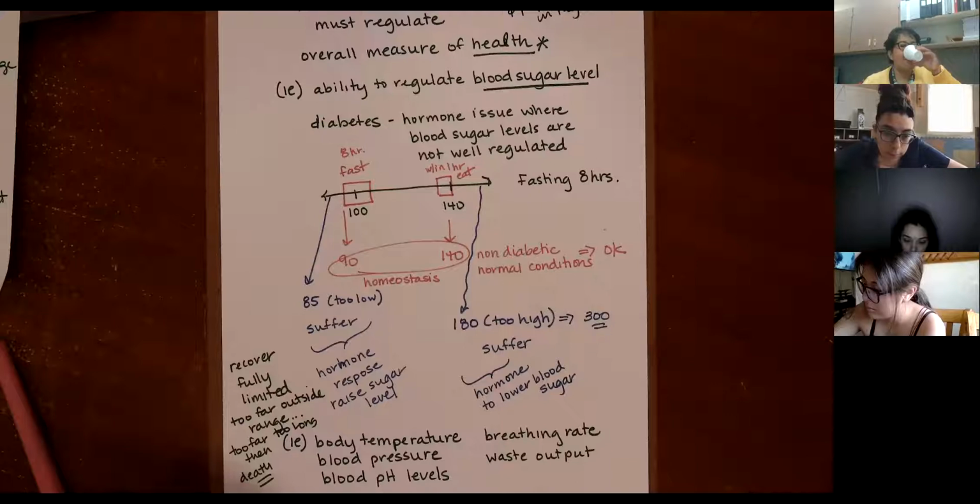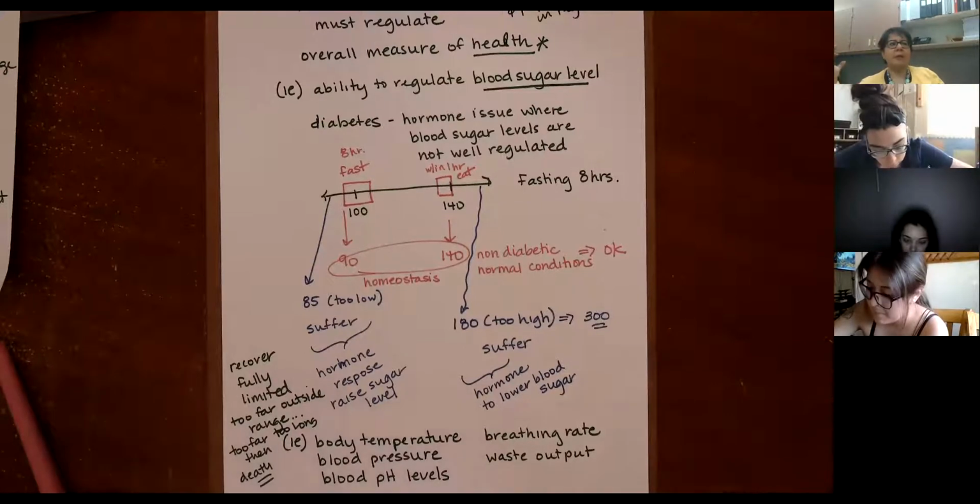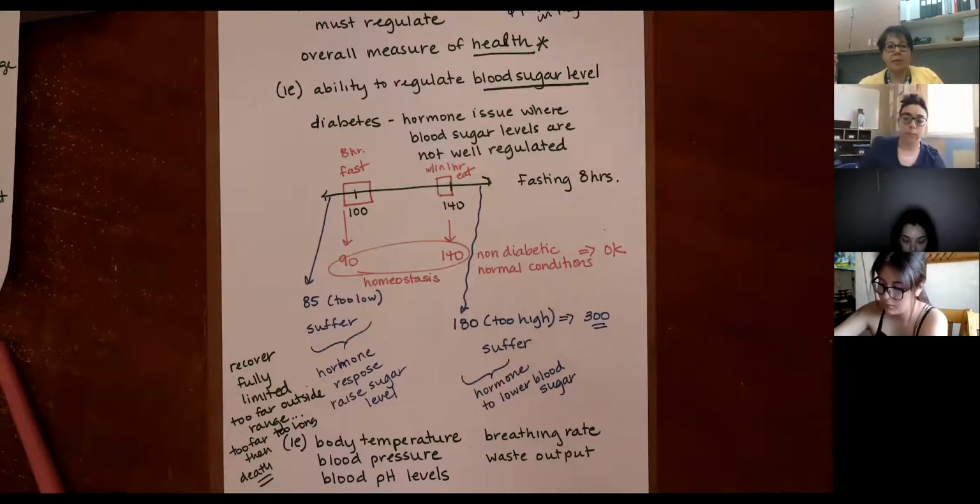I know we use this expression sometimes, oh my gosh, I'm starving to death. But are we really? Most of the time we're not. It's a temporary feeling. Starving to death takes a really long time. It's not something that happens within an 8-hour period.